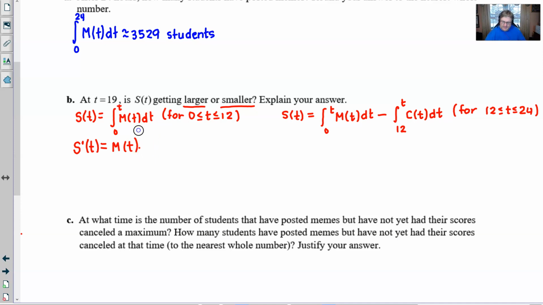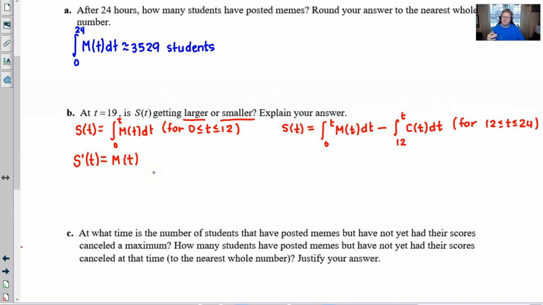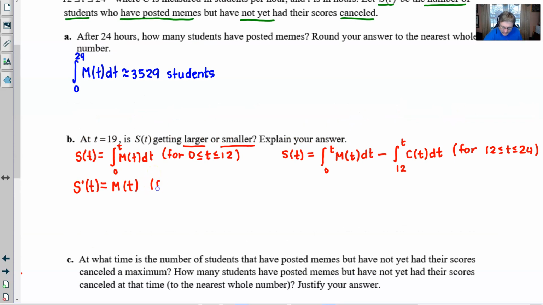Now, let's kind of look at this a little bit more precisely. I would only really need m of t if t was never going to exceed 12. However, if I knew that t was going to exceed 12, I would take the derivative of this integral of m minus the derivative of this integral of c. And this would be perfectly suited if 12 is less than or equal to t is less than or equal to 24.